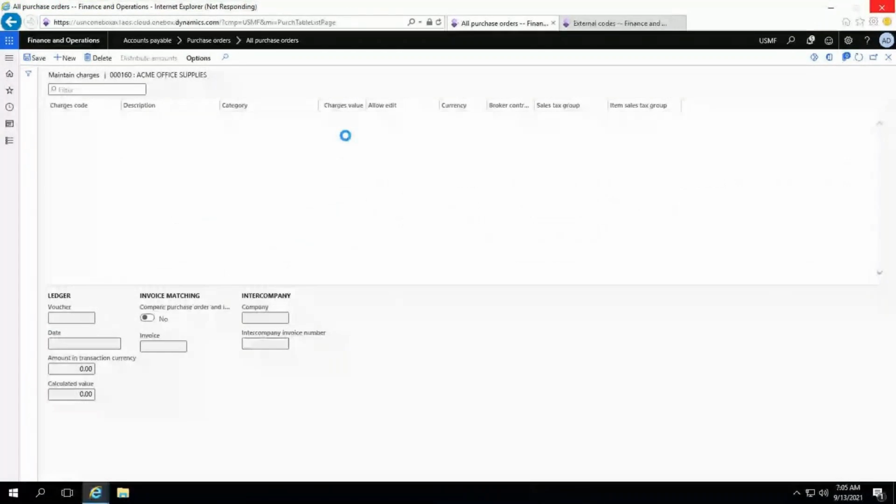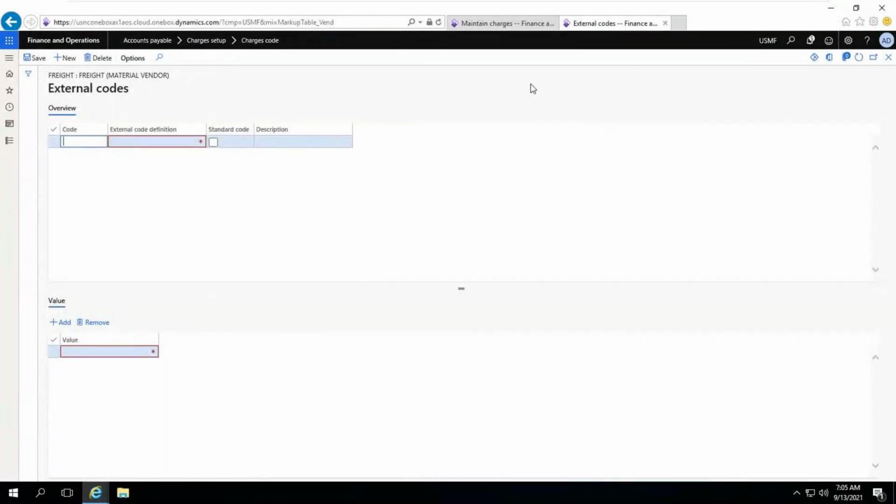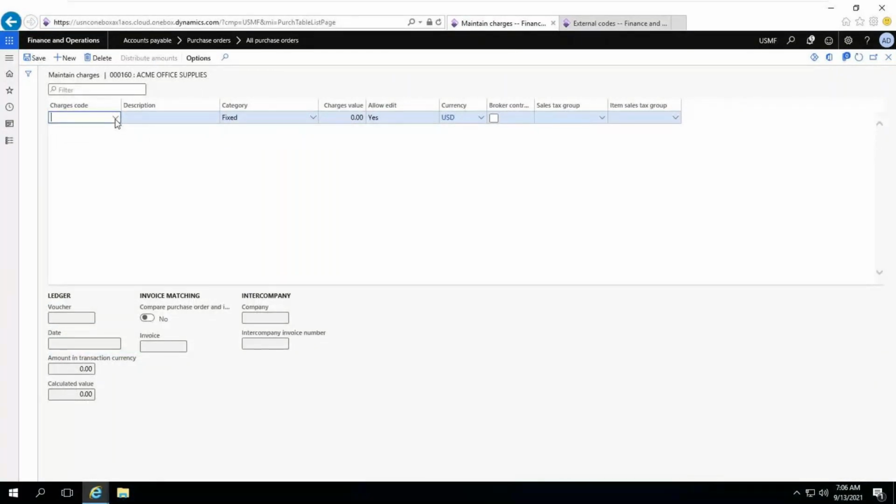I'm entering the same vendor, who is arranging the charges. I'm taking freight charges.